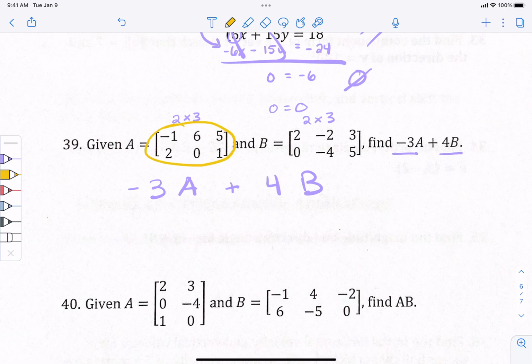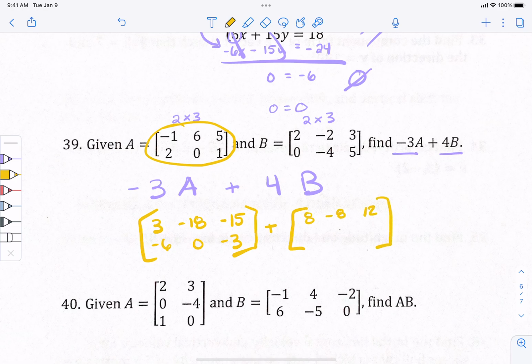So negative 3 times a is 3, negative 18, negative 15, and the bottom would be negative 6, 0, negative 3. I'm going to add that to 4 times b, which is 8, negative 8, 12, and 0, negative 16, and 20.